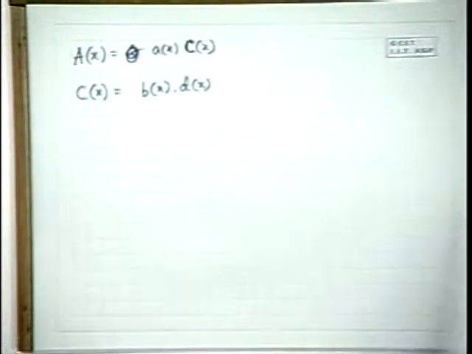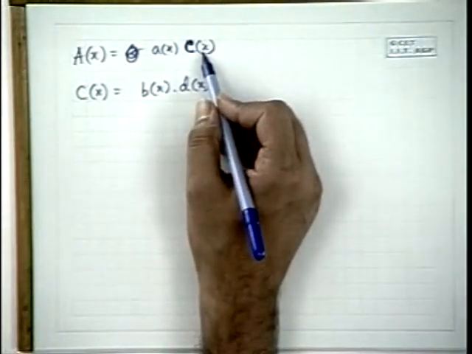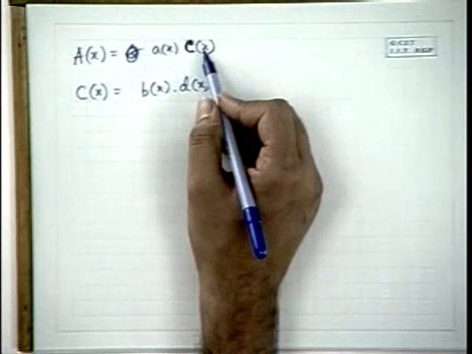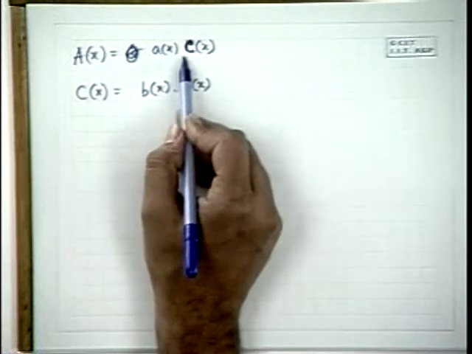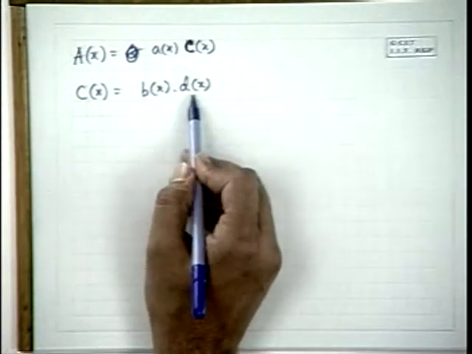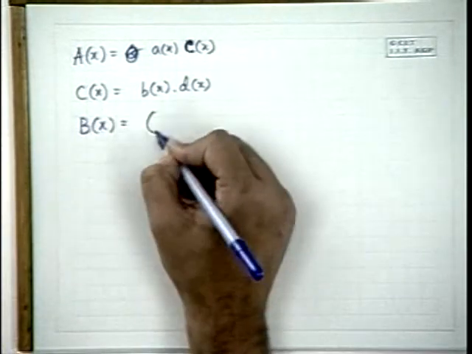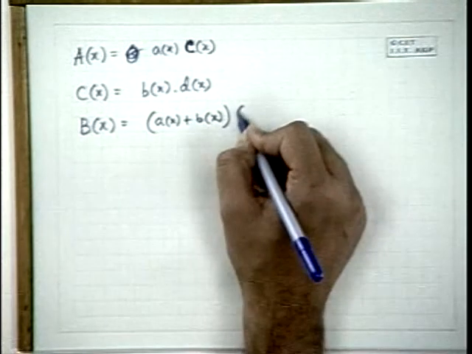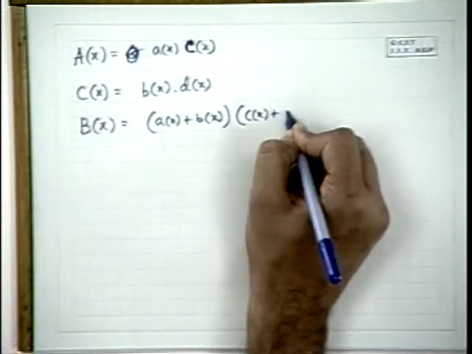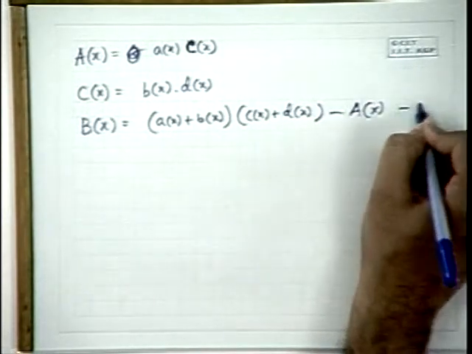You can see ax times cx will already have power more than n over 2, the way we have defined it. Okay, but this is just the definition. Ax is equal to ax times cx, cx is bx times dx, and then bx is nothing but ax plus bx times cx plus dx minus ax minus cx.